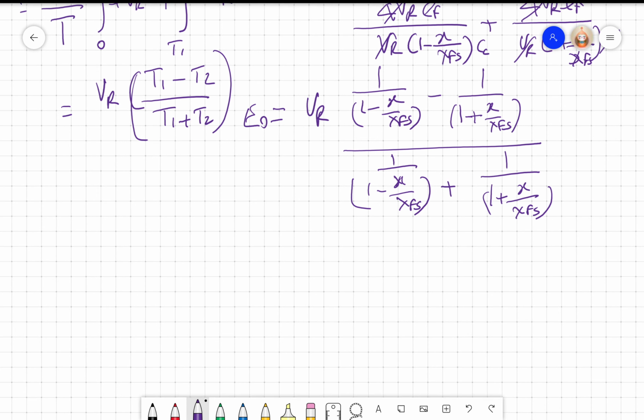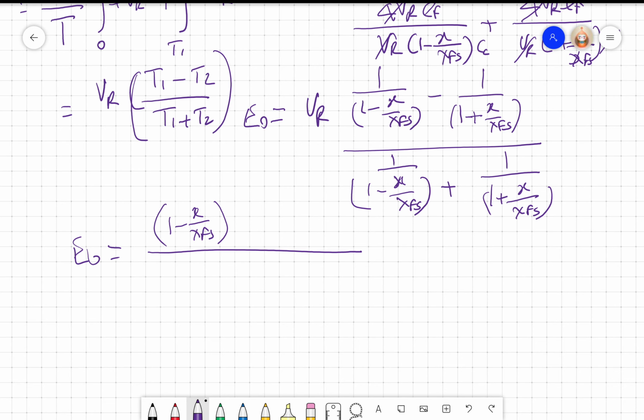Again, in E0, I take the numerator 1 minus x by x full scale into 1 plus x by x full scale, I take the denominator here. In the numerator, I am going to get 1 plus x by x full scale minus 1 plus x by x full scale.